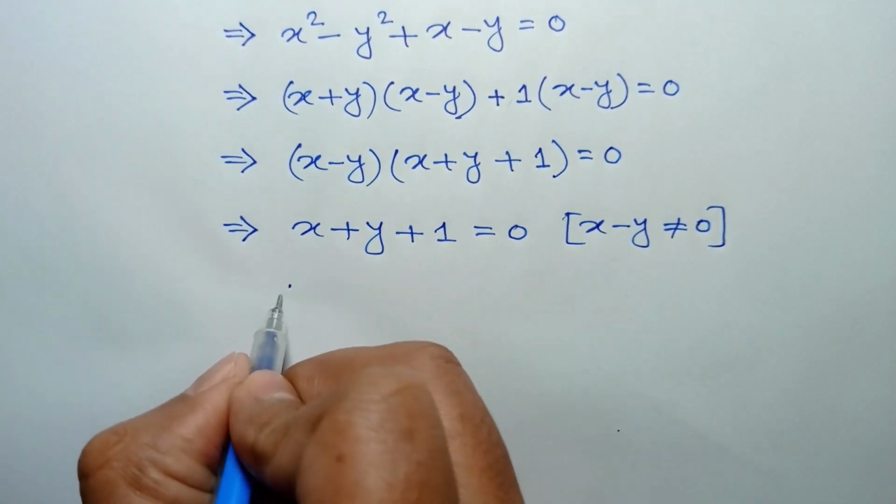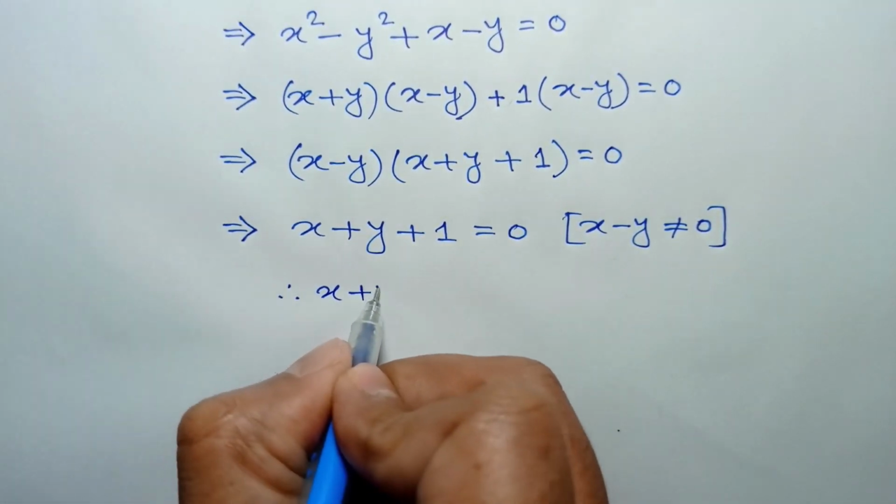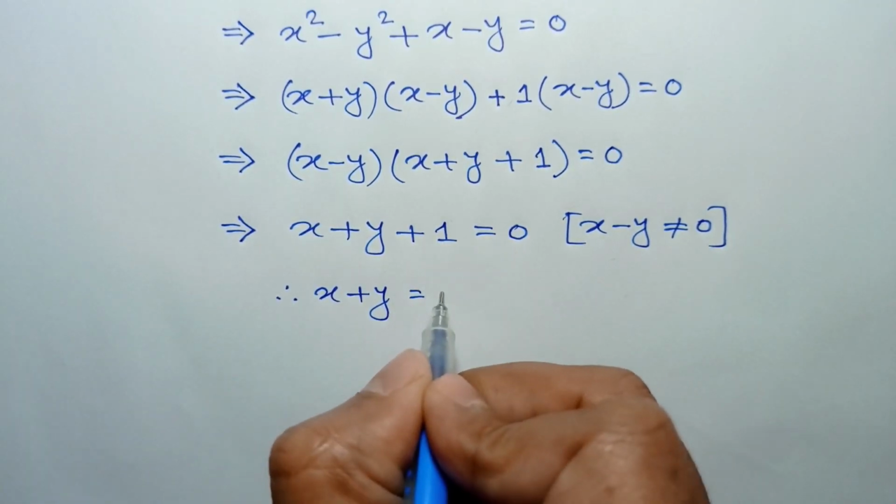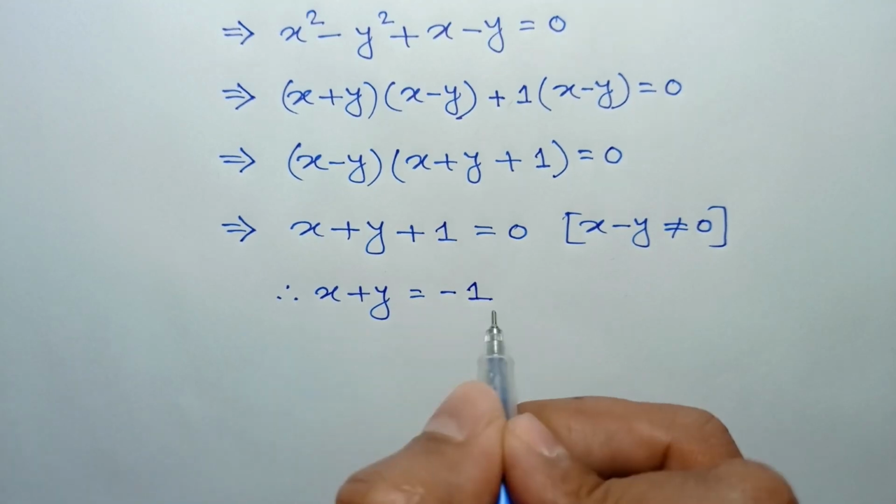So the value of x + y is, taking this 1 to the right side, we will get negative 1.